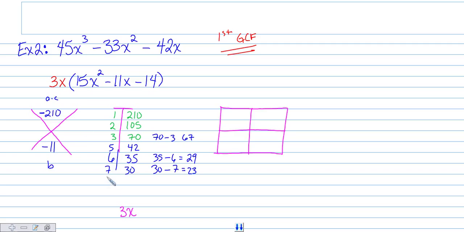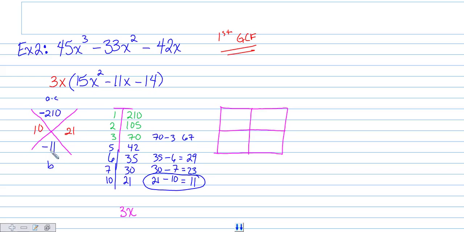210 has 10 in it, so let's try that. 10 and 21. Okay, so you do 21 minus 10, which equals 11. Oh, there it is right there. Okay, so 10 and 21 will be our numbers.